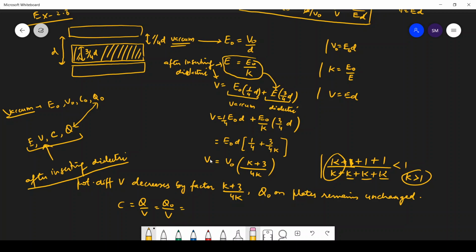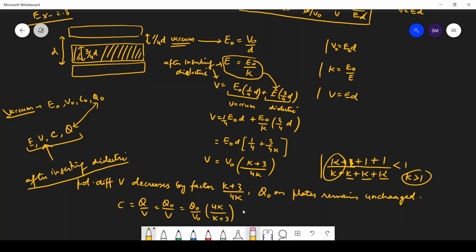Now putting the value of V from here, what do we get? Q naught, and the reciprocal of this, because this is 1 by V, so doing the reciprocal, I get V naught and 4K upon K plus 3.